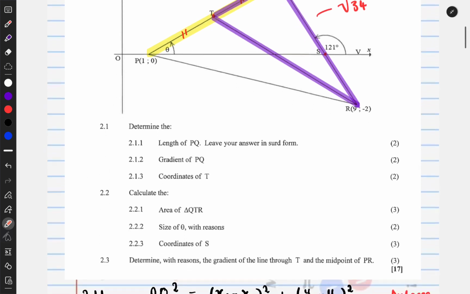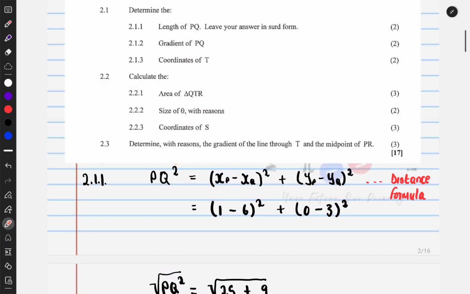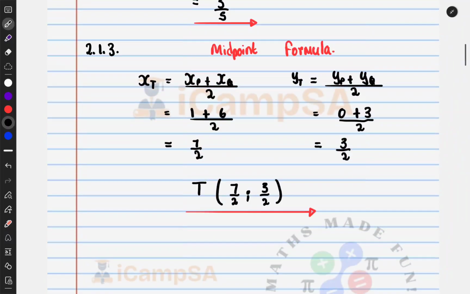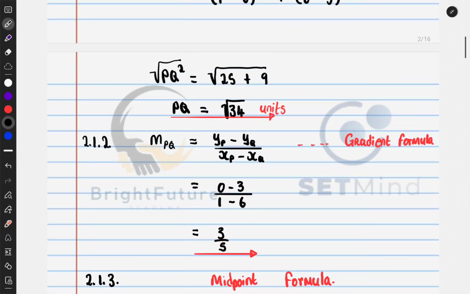And also provide the reason that the sum of the interior opposite angles is equal to the exterior angle of a triangle. So we're just going to use that.